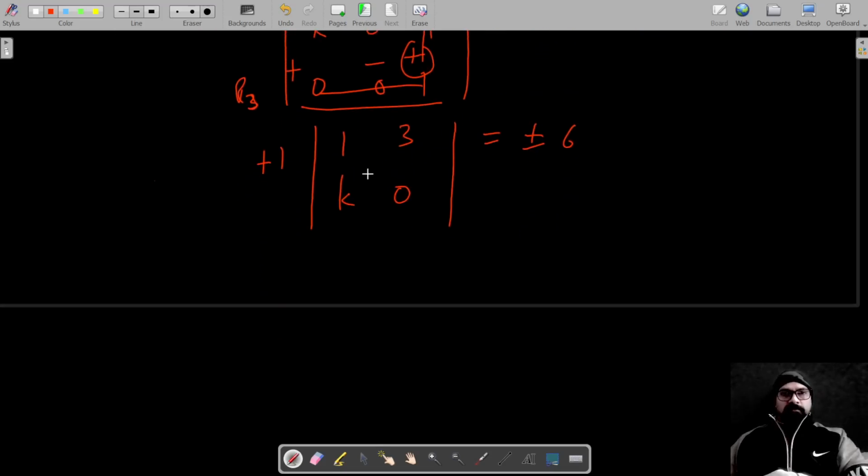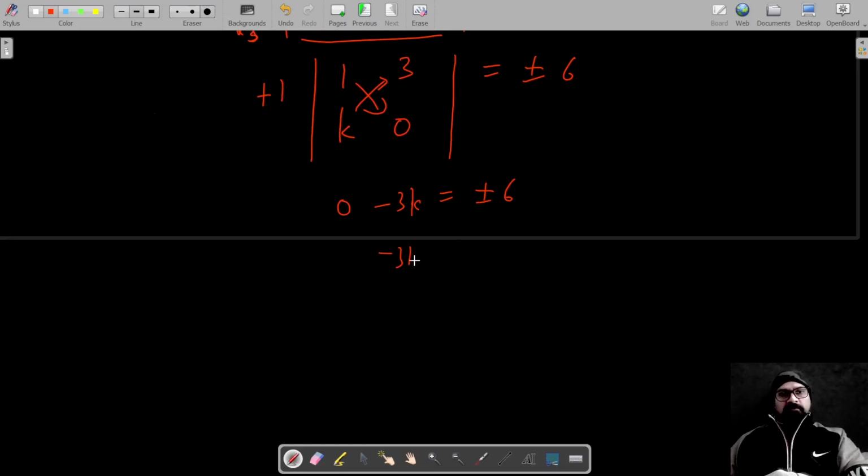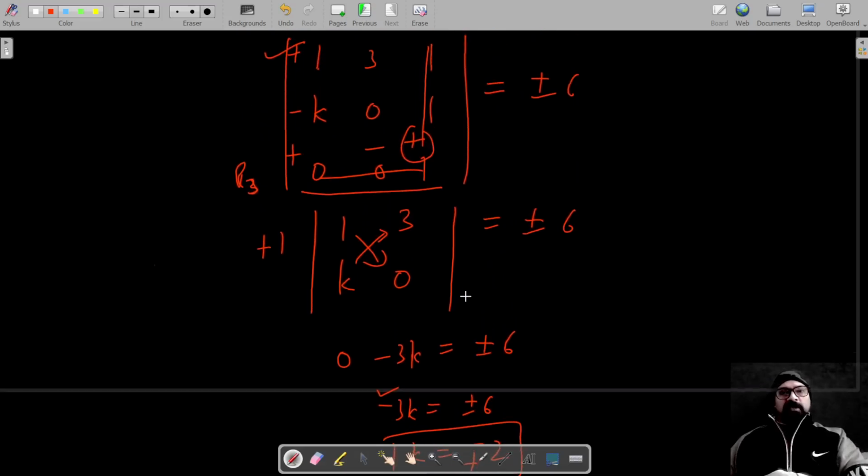So this becomes 1 into 0 is 0, and k into 3 is negative 3k, which is equal to plus or minus 6. So minus 3k is equal to plus or minus 6. Now because it's negative, if we multiply by negative, this becomes positive, and if we divide by 3, this is equal to 2.